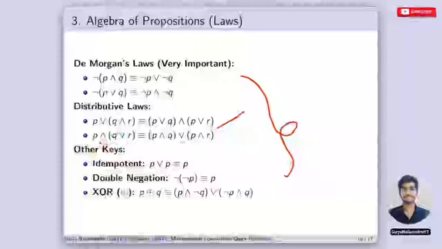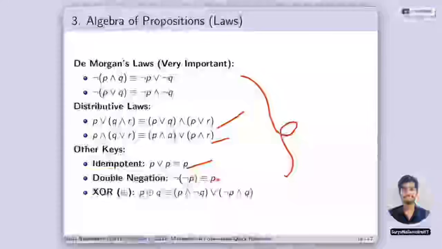And P and (Q or R) is equal to (P and Q) or (P and R), this is the other distributive law. The idempotent law means P or P is equal to P, and by applying the double negation, we get the P value.